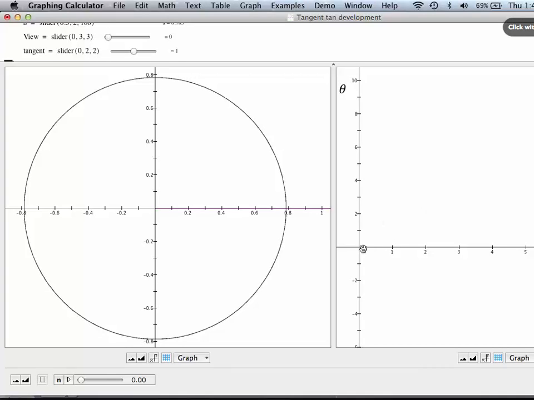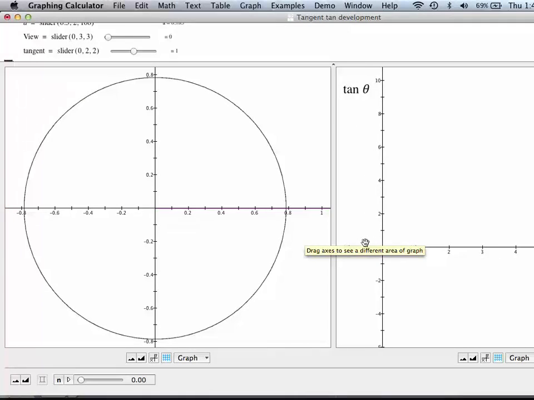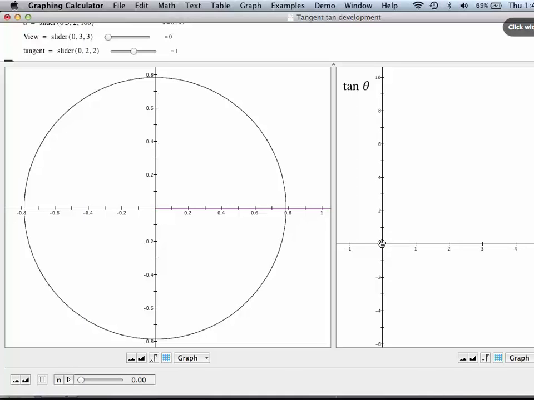So if theta is 0, tangent theta likewise is 0. So we can plot that point, okay? Get us started. Okay, so then what happens, let's go from 0 to pi over 4.